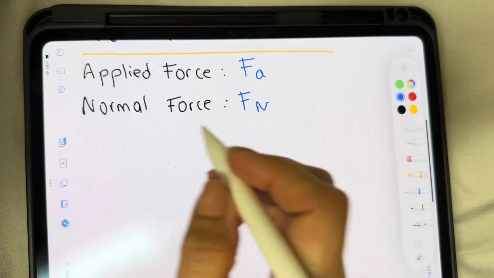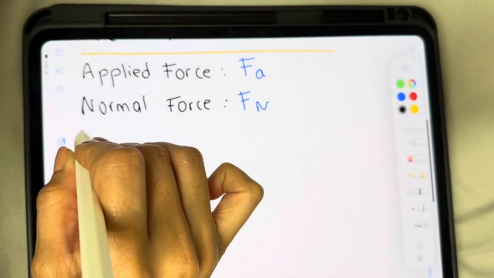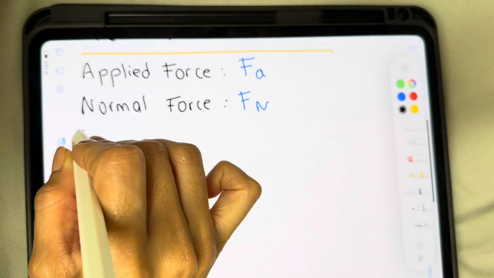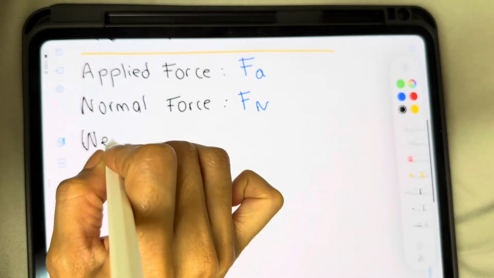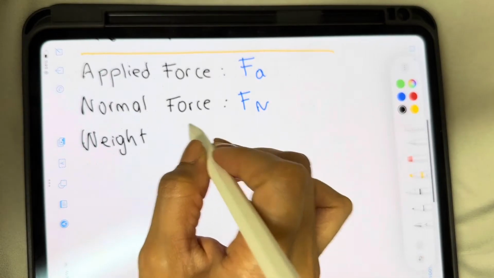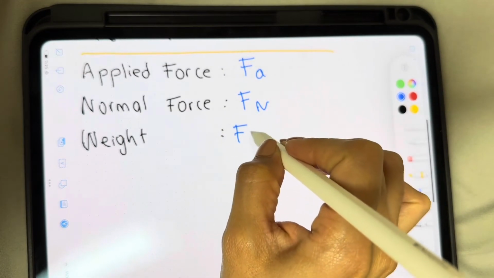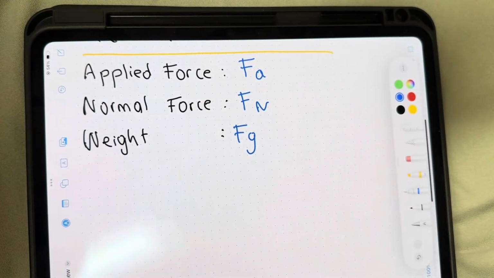We also have weight or force due to gravity, and we represent that with Fg, or gravitational force.